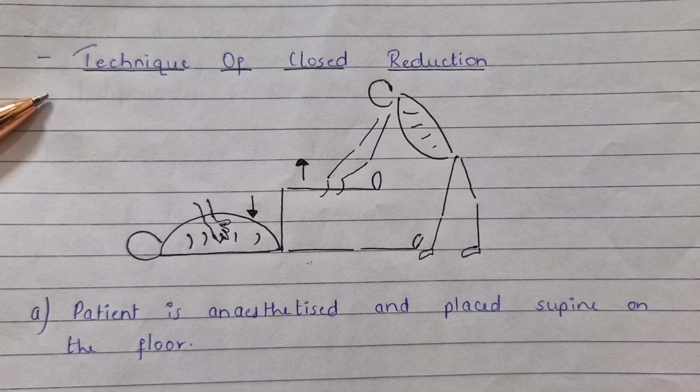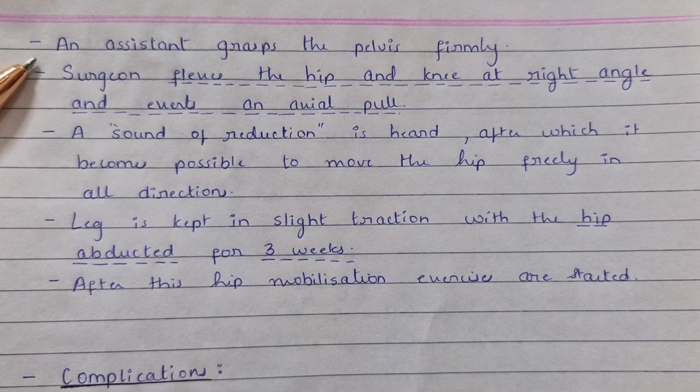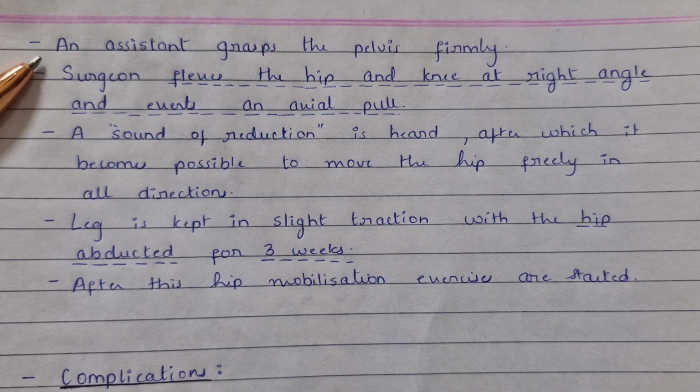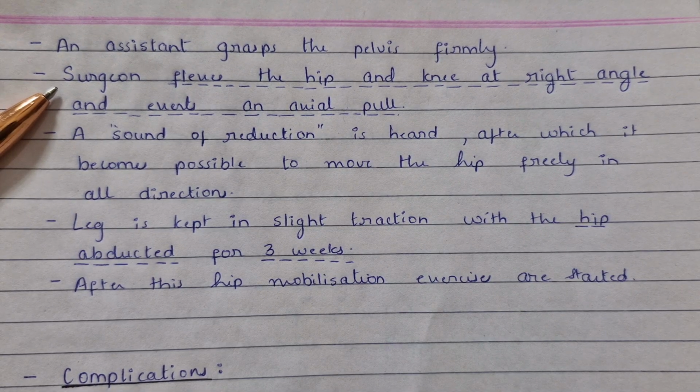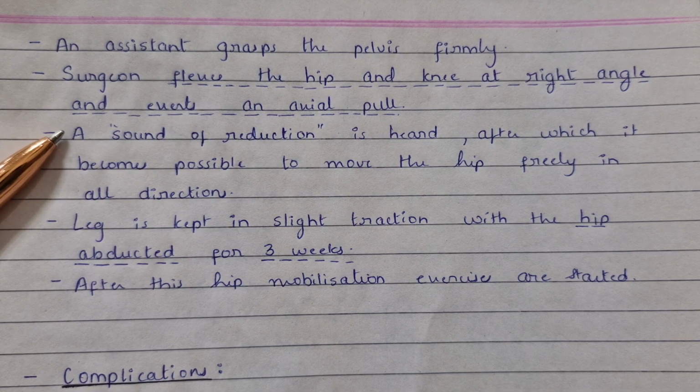Technique of closed reduction of the hip. The patient is anesthetized and placed supine on the floor. An assistant grasps the pelvis firmly. The surgeon flexes the hip and the knee at right angle and exerts an axial pull.